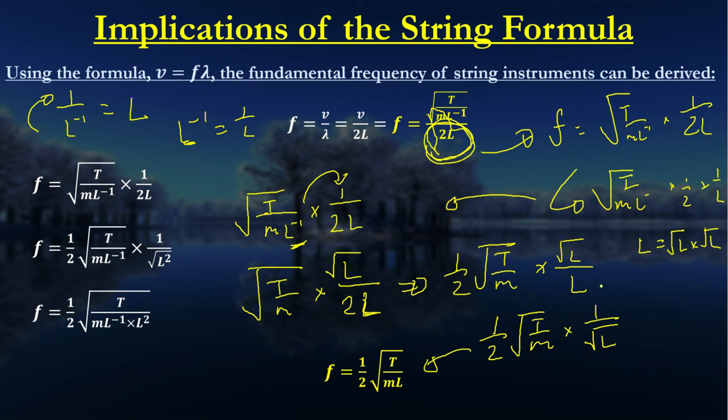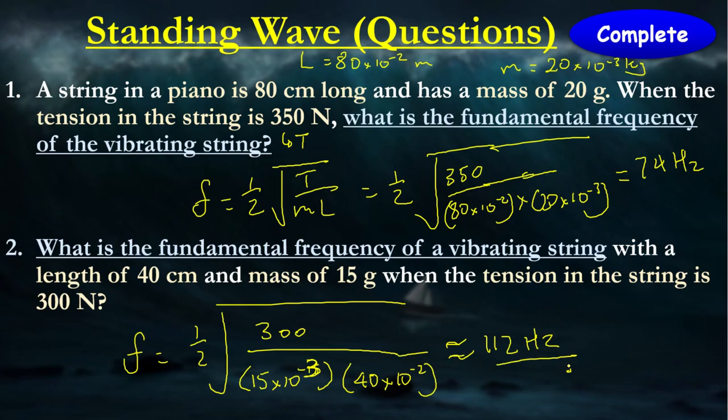Remember, the reason this is occurring is because of that. If I cancel one out, I still have square root of L left. So this is the formula of frequency on a string instrument. If you don't know the particular harmonic you're dealing with, this is another way of working it out. Examples that we showed here.